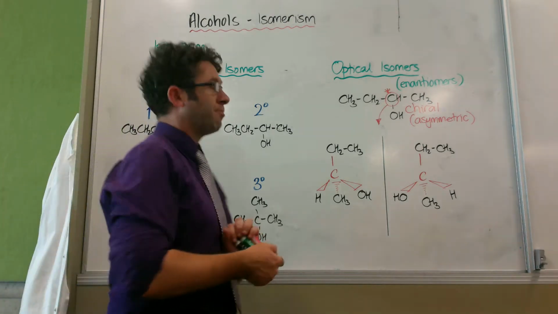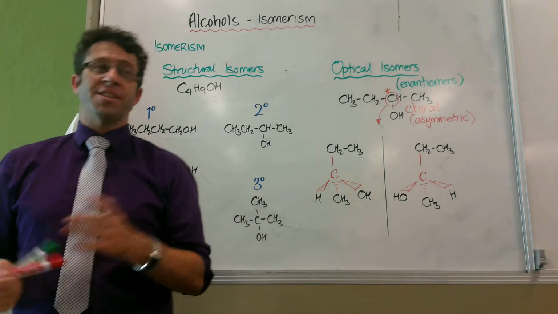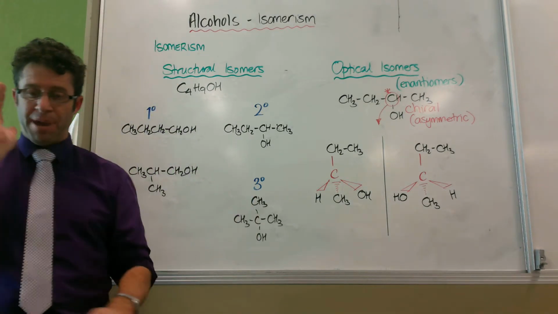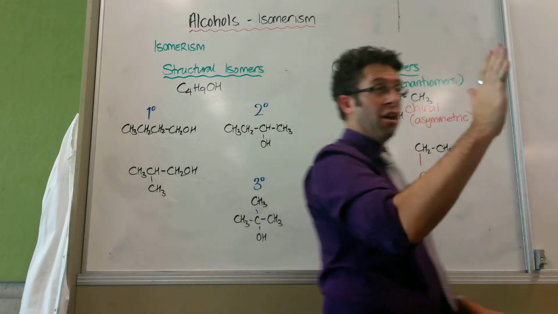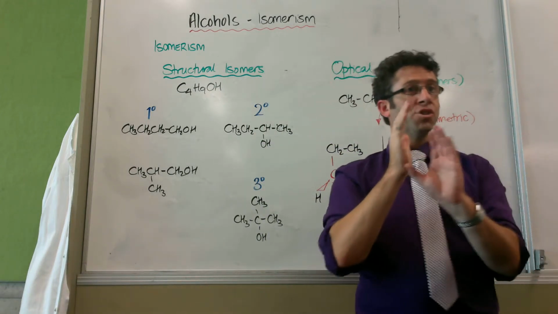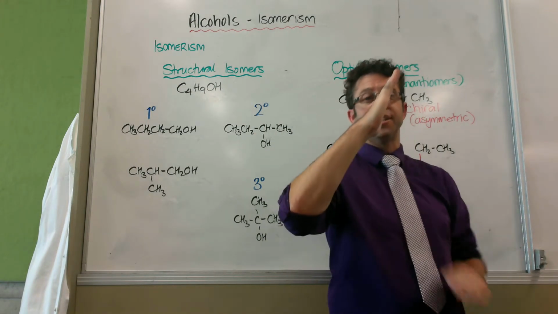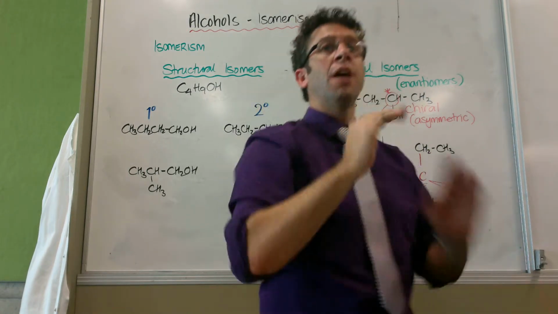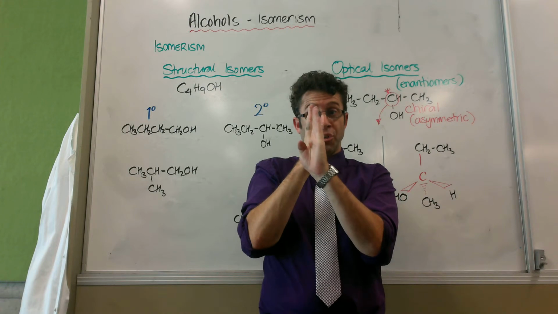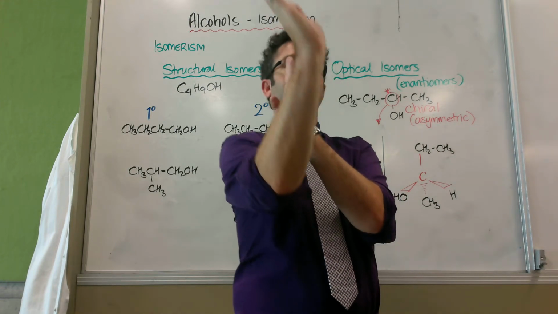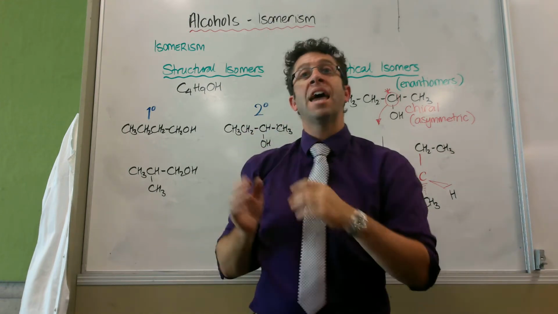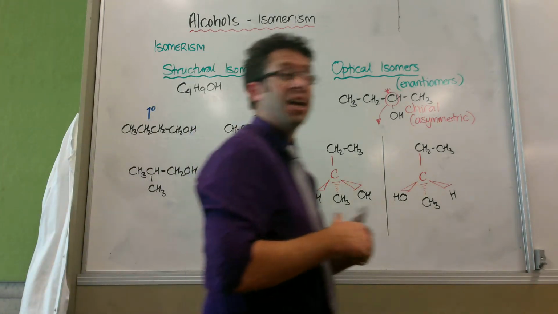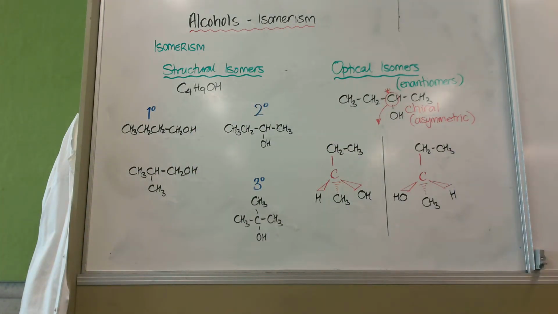When we pass plane polarised light, that's the light that goes through your sunglasses, through a solution of one of these, one of them will actually rotate it, not refract, rotate it anti-clockwise, while the other one will rotate it the other way, clockwise. They rotate plane polarised light in opposite directions.